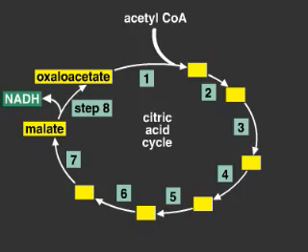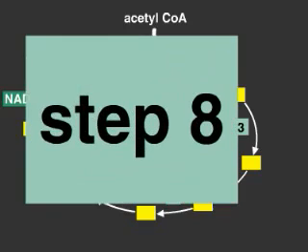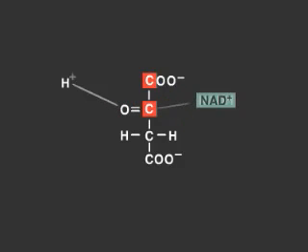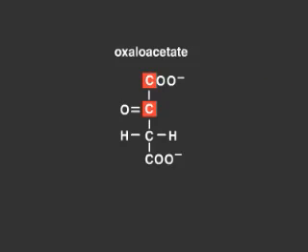In this reaction, malate is converted to oxaloacetate. The carbon carrying the hydroxyl group is converted to a carbonyl group. This reaction releases hydrogen atoms and converts NAD+ to NADH, releasing a proton, and producing the 4-carbon oxaloacetate.